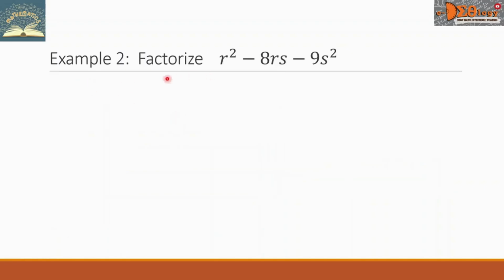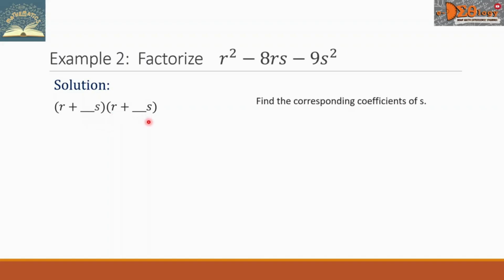Example 2. Factorize r squared minus 8rs minus 9s squared. We write our initial factors as r plus blank s multiplied by r plus blank s. Let us find the corresponding coefficients of s.